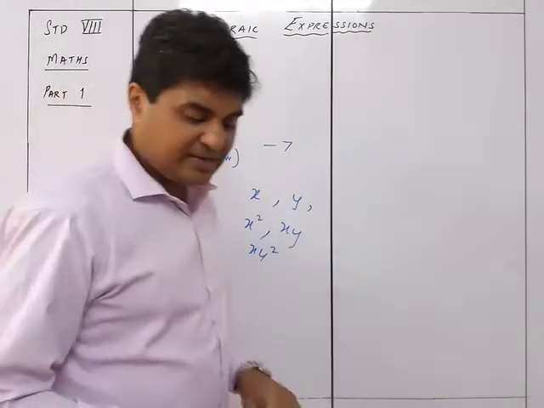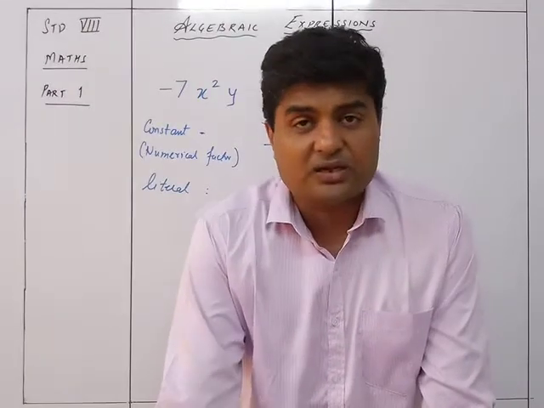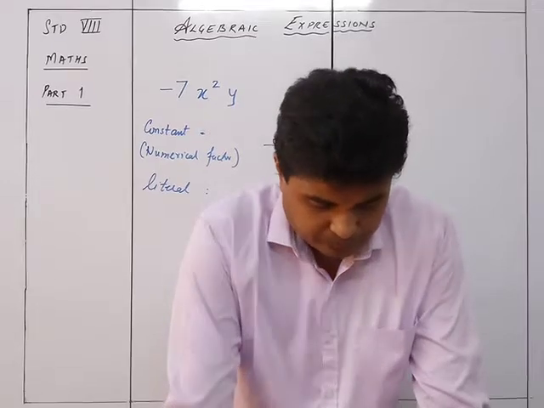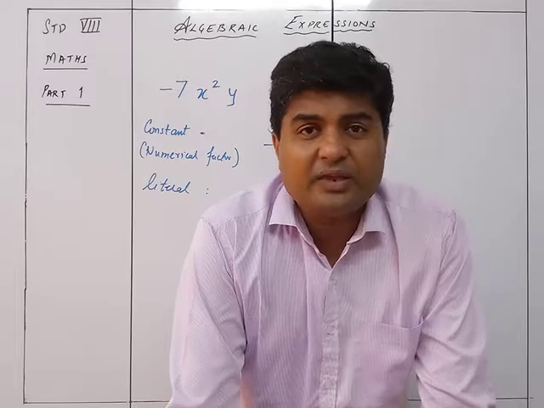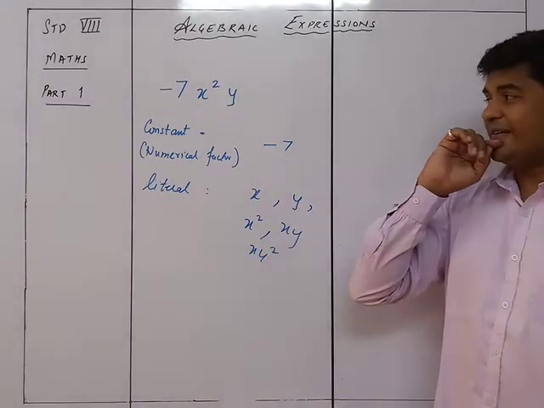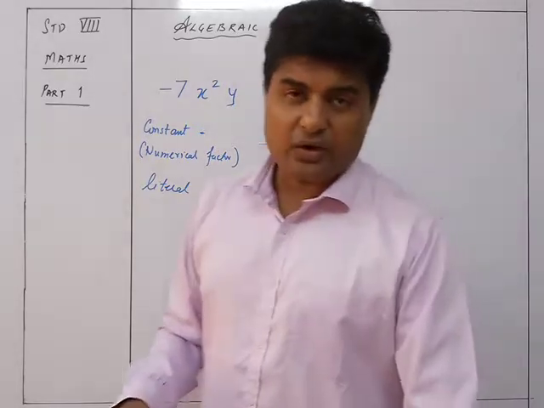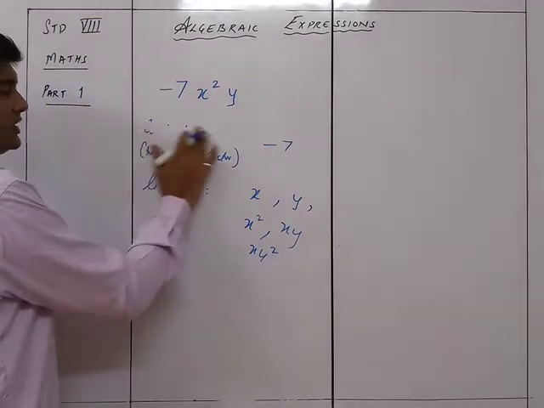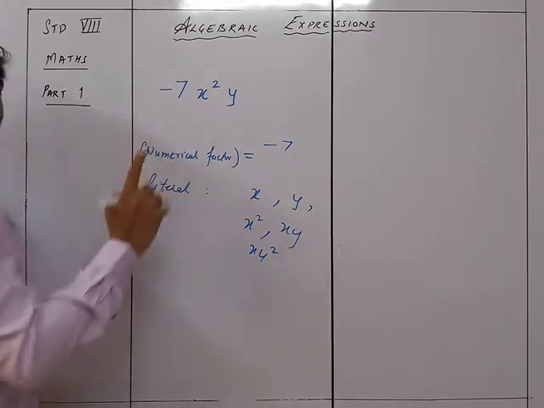So the different ways I write over here will be the literal factors of that particular algebraic expression. In this case, this is called a numerical factor. It is better to say numerical factor only, because the constant is something different.